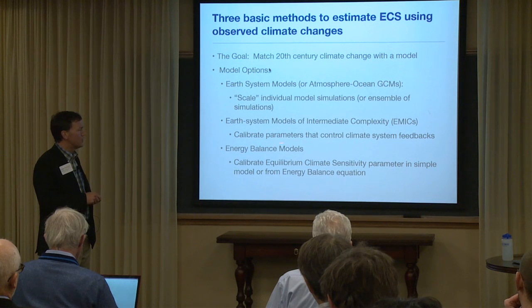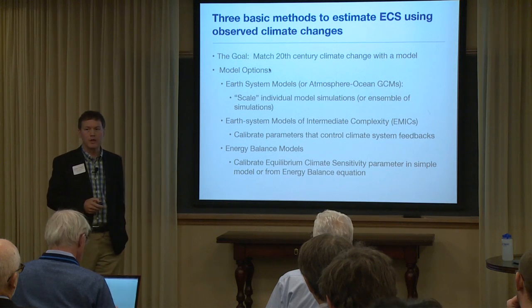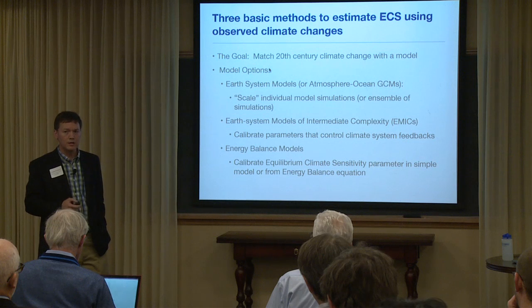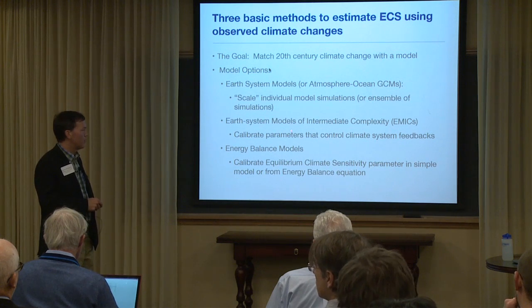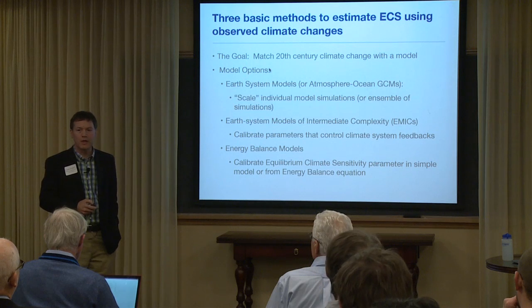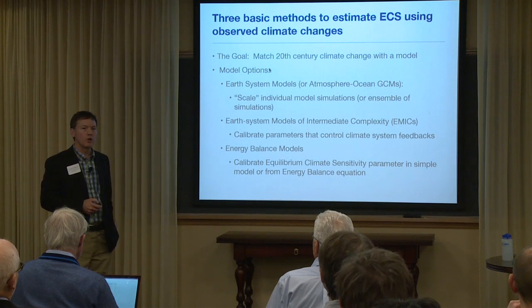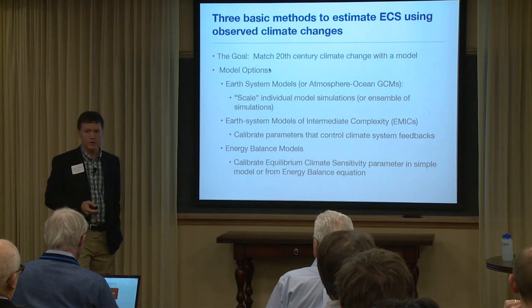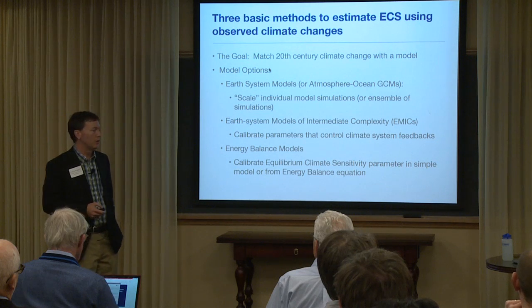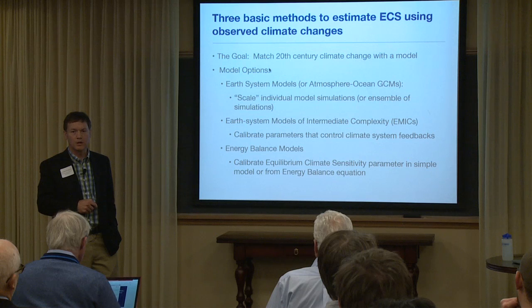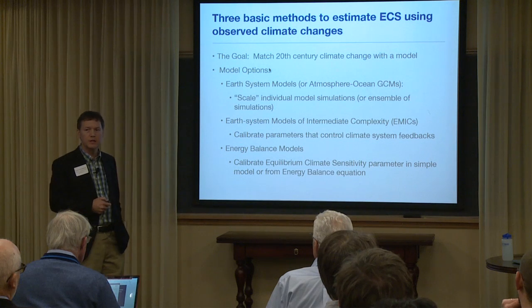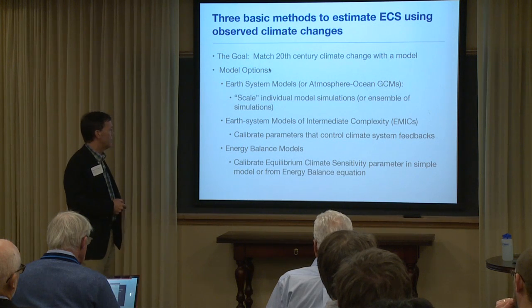The parameters that you're calibrating or estimating from this procedure are not strictly climate sensitivity. What you're calibrating are processes which control the feedbacks within the system. Cloud feedback is an uncertainty in the climate models that was alluded to. So can you calibrate the cloud feedback in the model and then infer what climate sensitivity is from that after the fact?